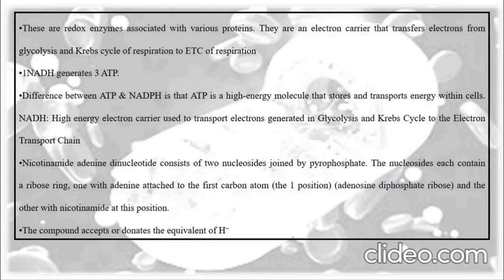NADH is a high energy electron carrier used to transport the electrons generated in glycolysis and the Krebs cycle to the electron transport chain. Nicotinamide adenine dinucleotide consists of 2 nucleosides joined by a pyrophosphate. The nucleosides each contain a ribose ring, one with adenine attached to the first carbon atom and the other with nicotinamide at this position. The compound accepts or donates the equivalents of hydrogen ions.